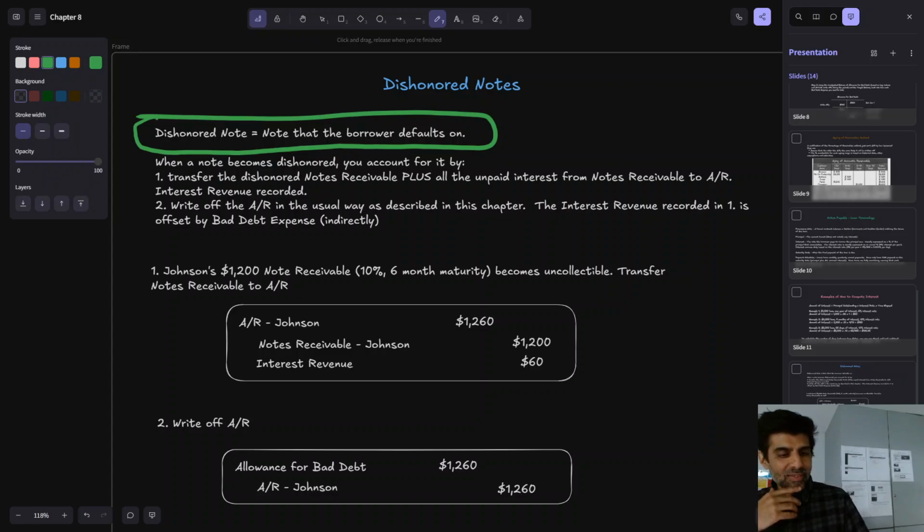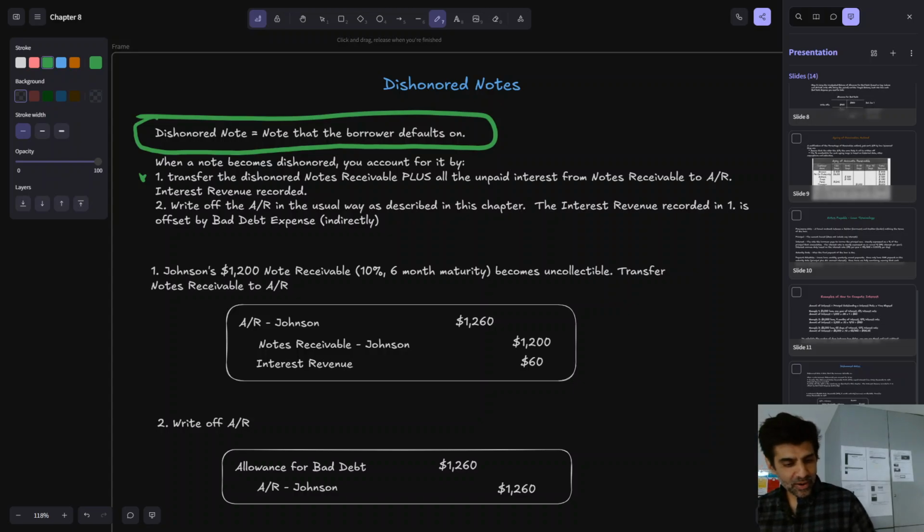Okay, so with that in mind, how they want you to do it in the book and in your homework is you're first going to transfer the dishonored note receivable, and this is the weird thing, plus all the unpaid interest. So you're almost going to assume that the person paid you, and you're going to record a revenue. This is again really weird.